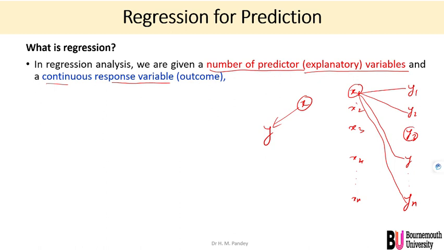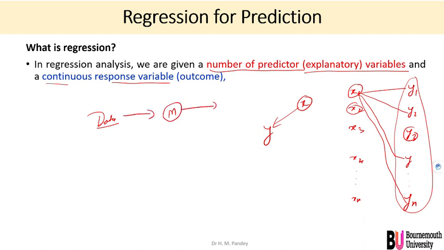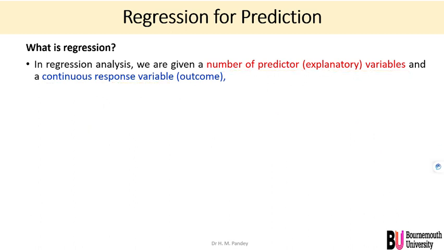Similarly, for x2, which response is the correct response? This is what you want to predict. So you have been given input data, and you are going to develop a model. This model will process the data and predict the response. This is what you are going to do in the regression technique.